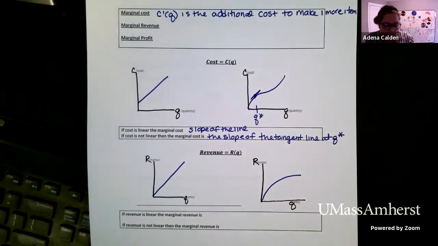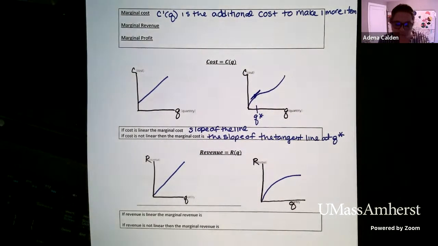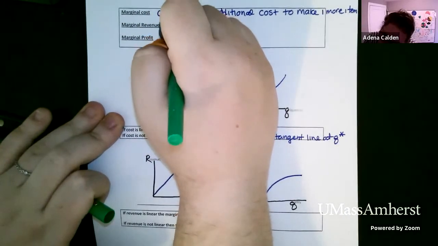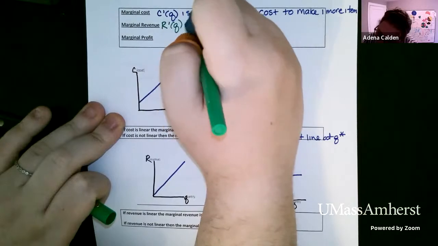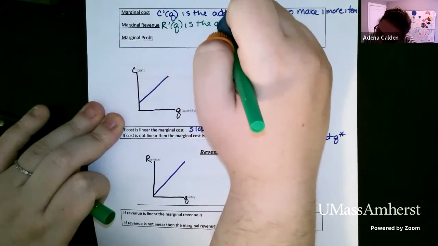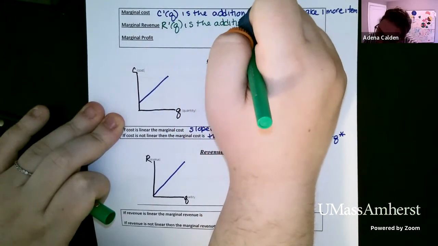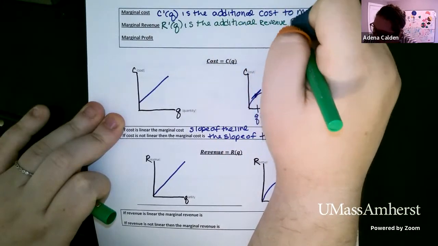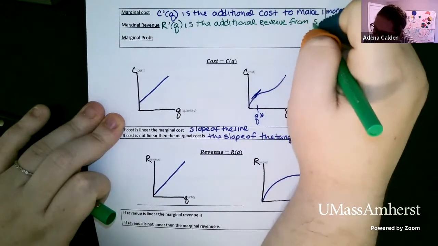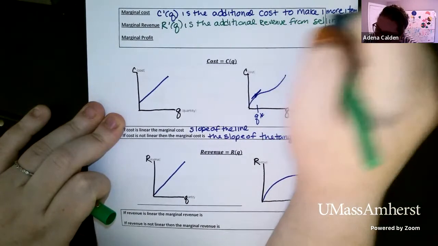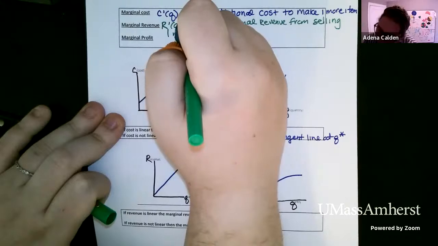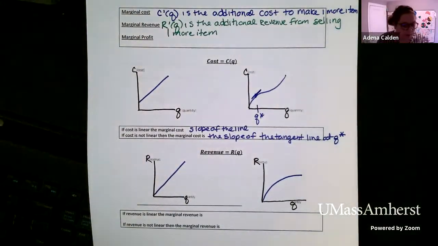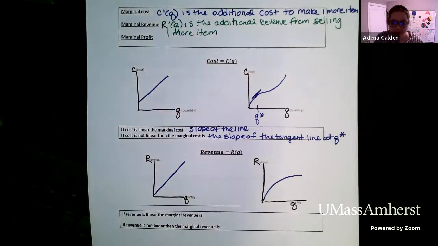So now let's talk about marginal revenue. So marginal revenue is going to be R prime of Q, the derivative of revenue, is the additional revenue from selling one more item. Okay, so again, we're making something and we're selling it.